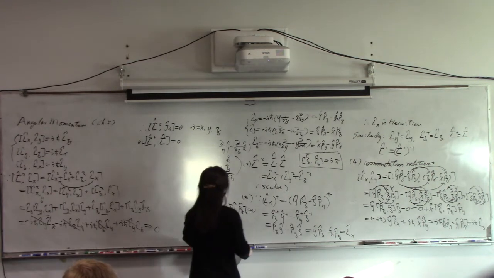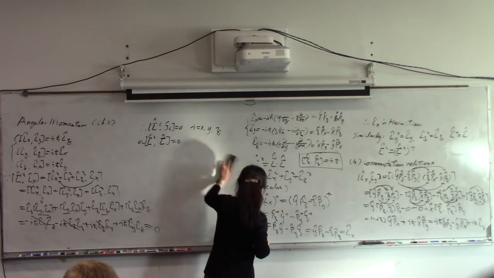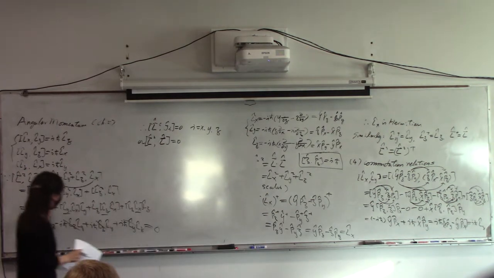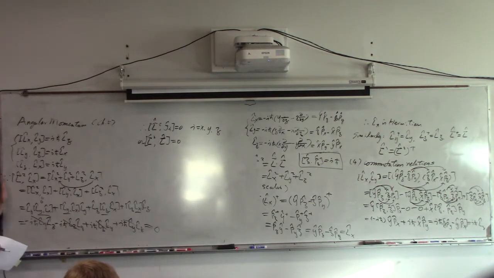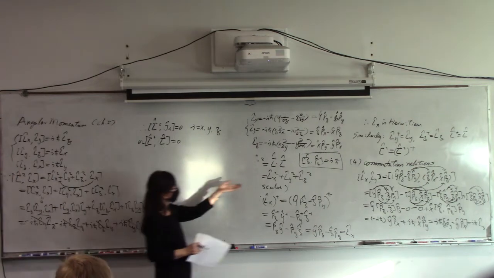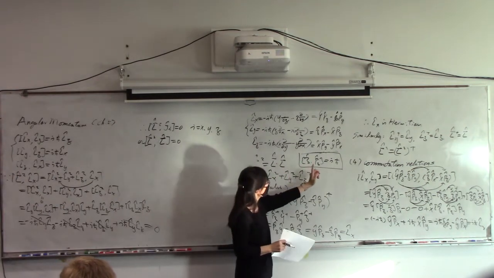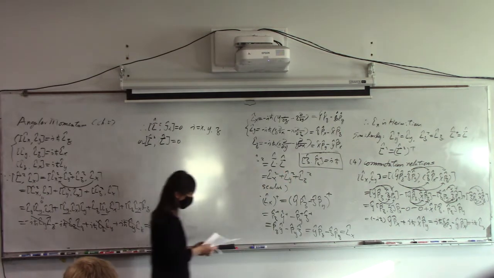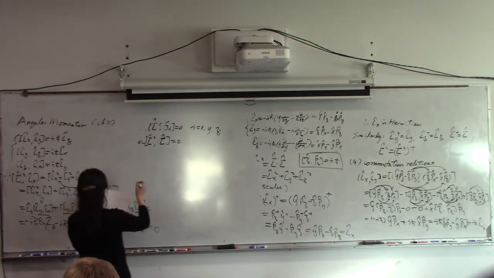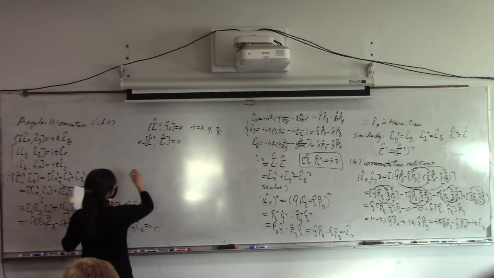Now with this, we are going to extend it. These are derived from the orbital angular momentum. Since we know how to deal with orbital angular momentum, we start from what we know, the position operator and then the linear momentum operator. Now we are going to add an operator.